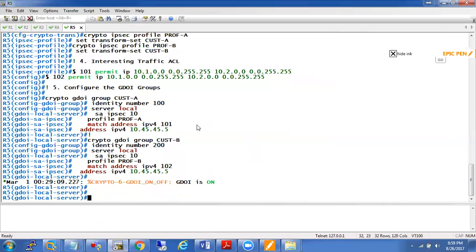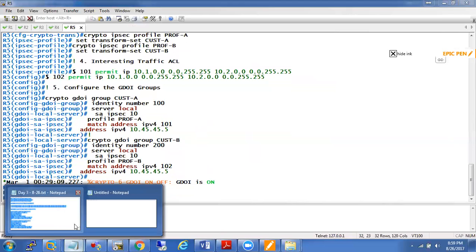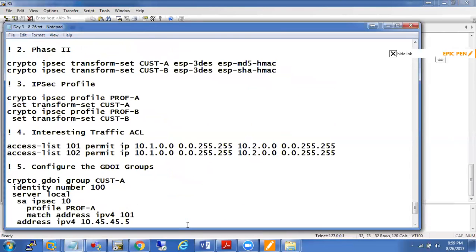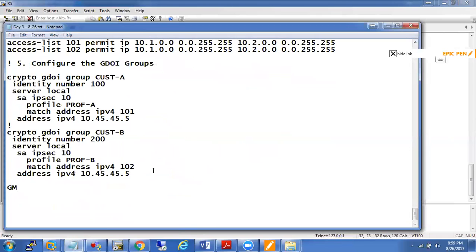How about the devices? So this is the key server. Group member, non-VRF, which is R1 and R3.